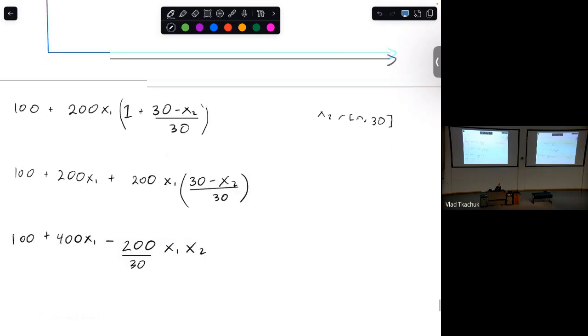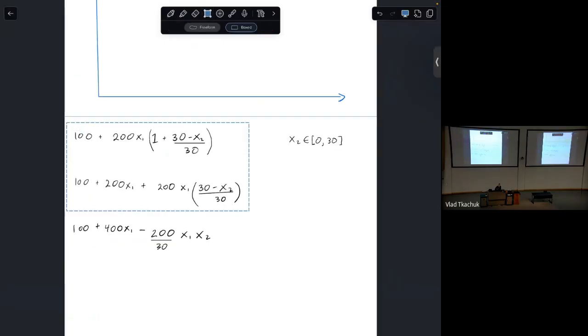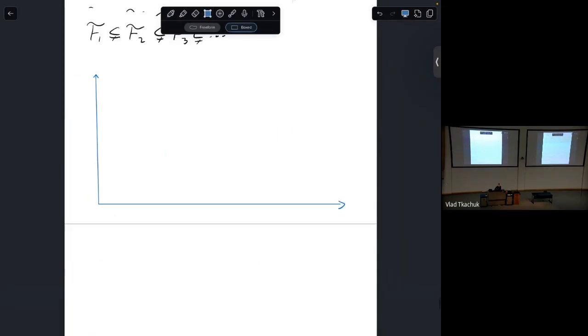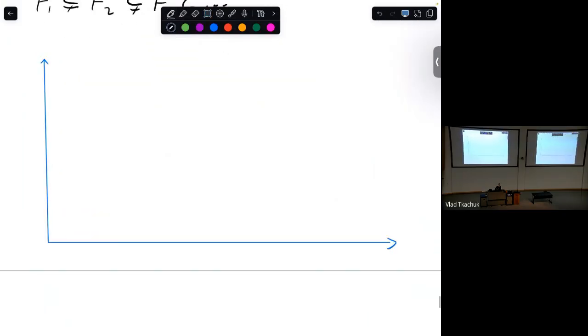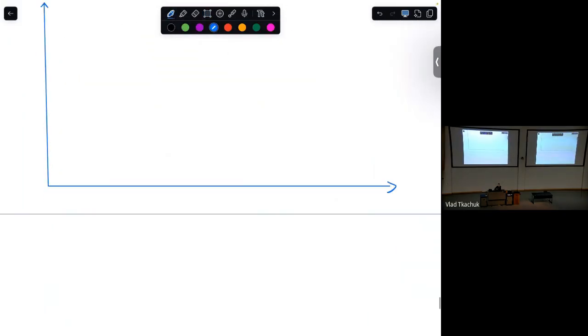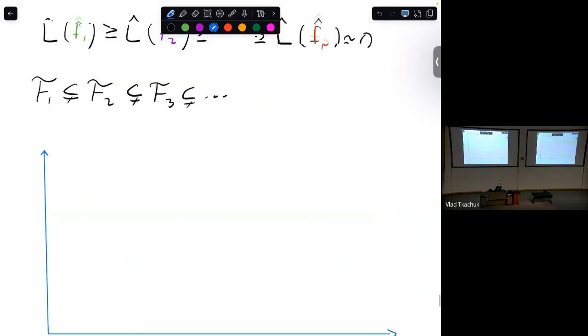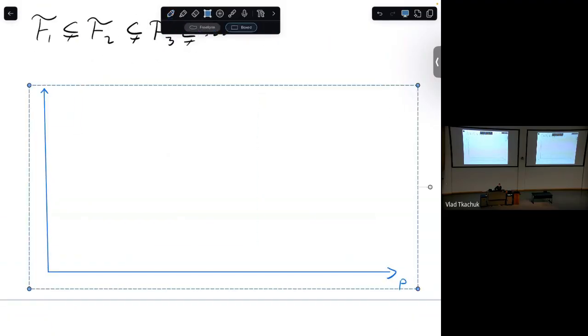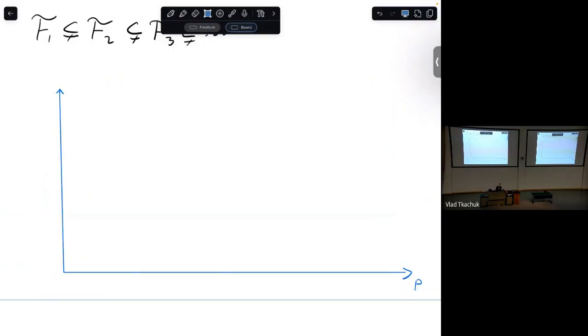The x-axis is going to be the power of the polynomial, the degree of the polynomial. And the y-axis is going to be the empirical risk, or the estimate of the expected loss for that power of f hat of p.